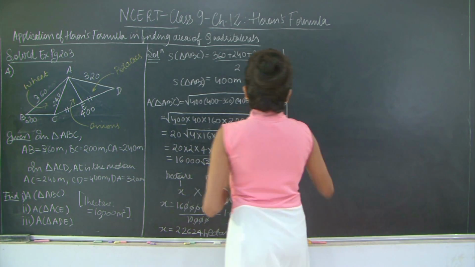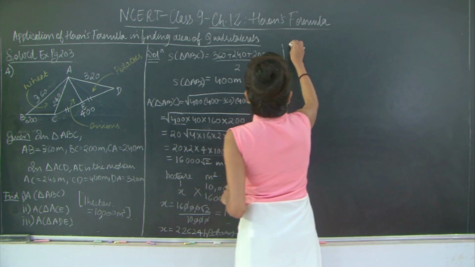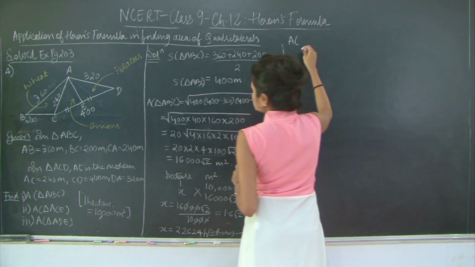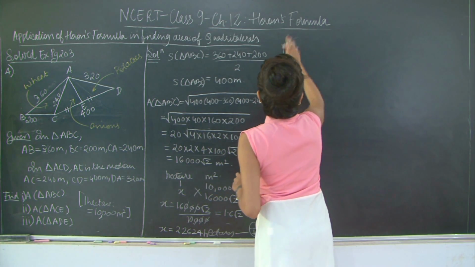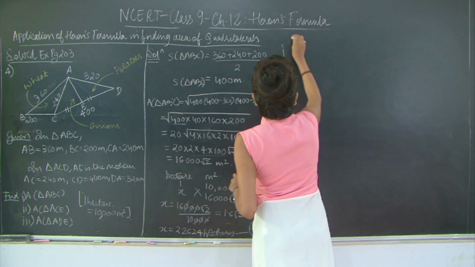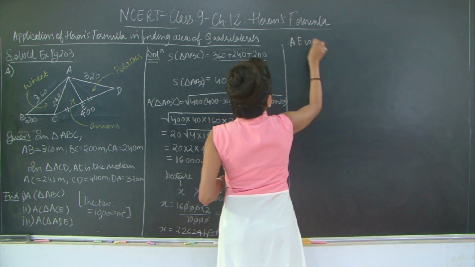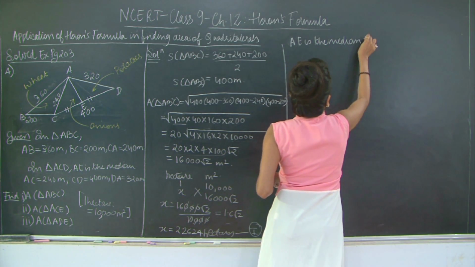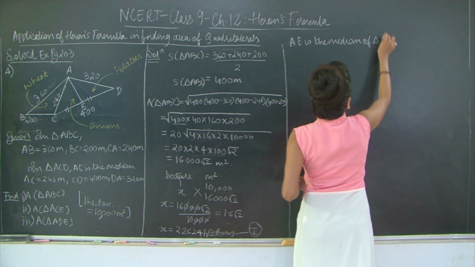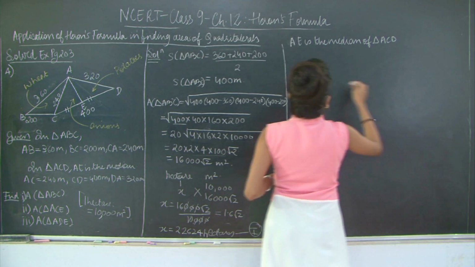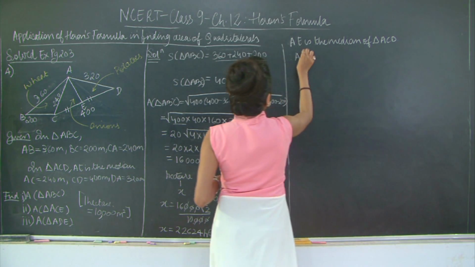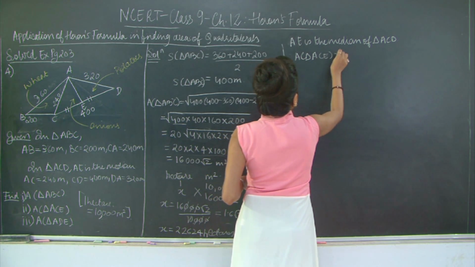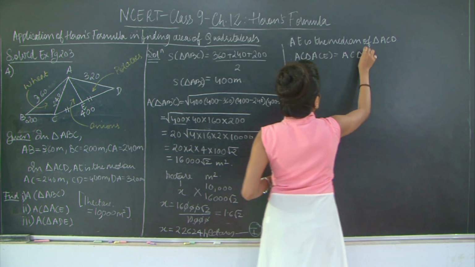So first of all, AE is the median of triangle ACD. Correct. Therefore, area of triangle ACE is equal to area of triangle ADE.